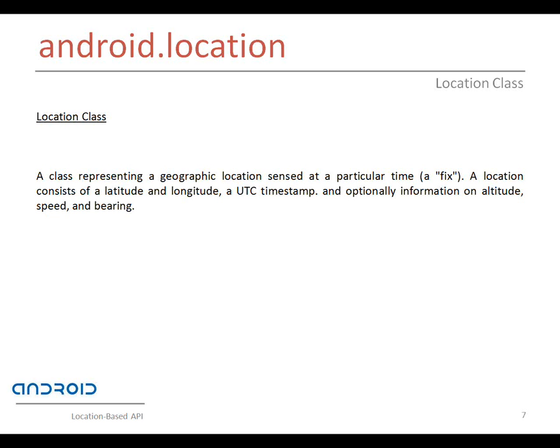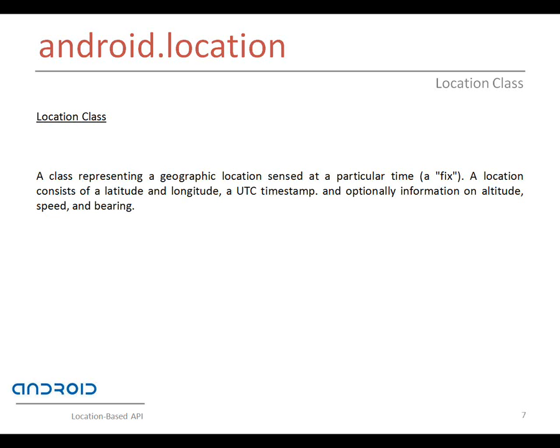It returns you the location. That location you are going to use to get the latitude and longitude. Our motto in this webinar is how to get the latitude and longitude, and then how to use that latitude and longitude in our application.